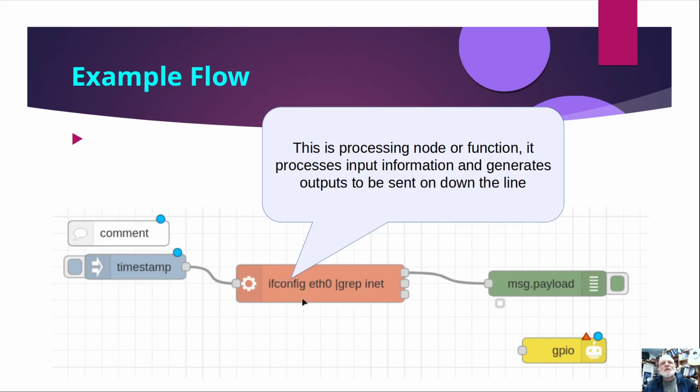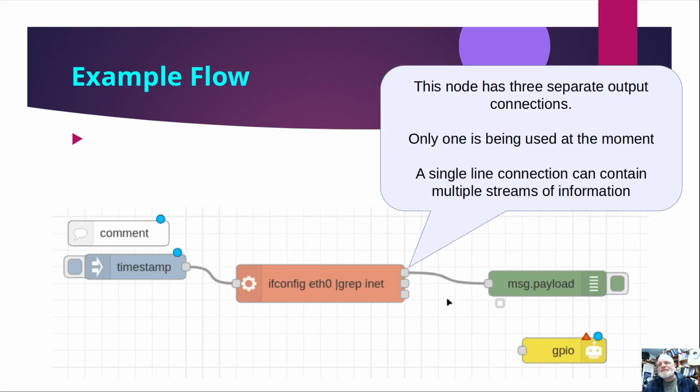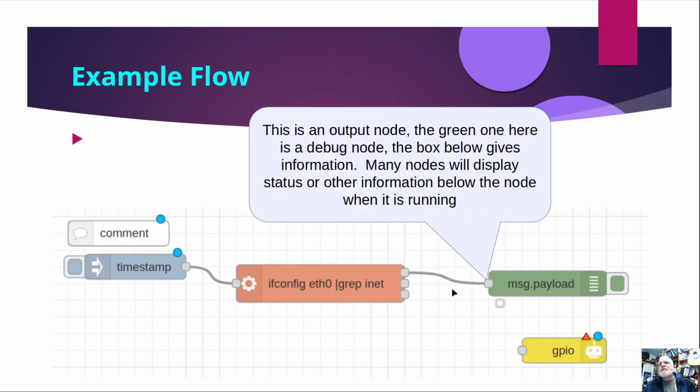This particular one was a test of the network, so it's actually just running a system command to check for your Ethernet interface and seeing what the IP address is. We're connected to just one of the outputs in this case. You don't have to necessarily use all the inputs or outputs that are available. So we're just using the one here.